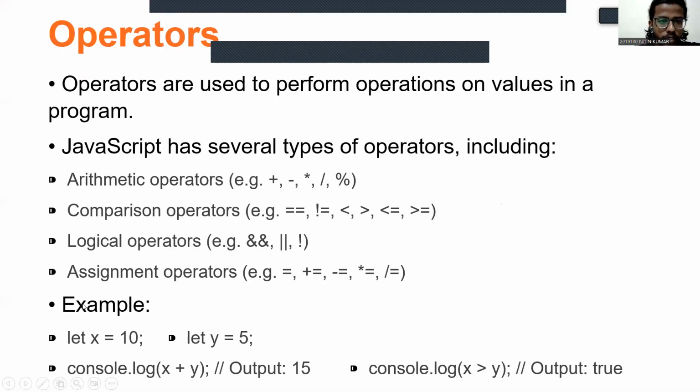For example, if we take let x equal to 10 and let y equal to 5, we can do different types of operations on them. If we want to add these two numbers, we can do x plus y and we will get output 15. We can also use the greater than operator, and this is true because 10 is greater than 5, so we'll get output true. So yes, we can use these types of operators in JavaScript.